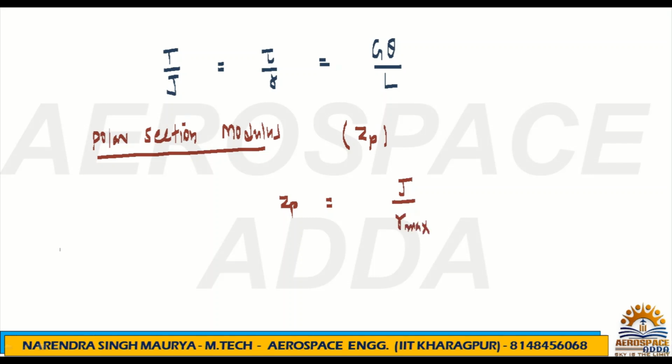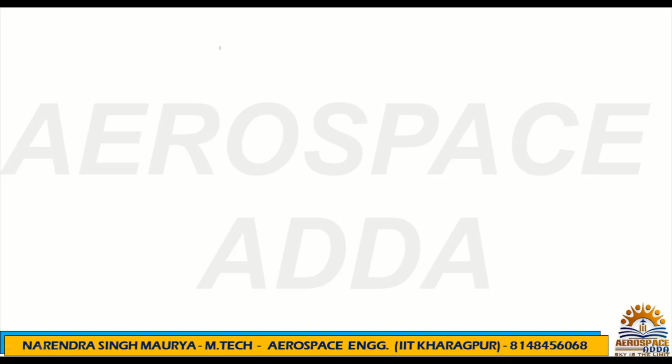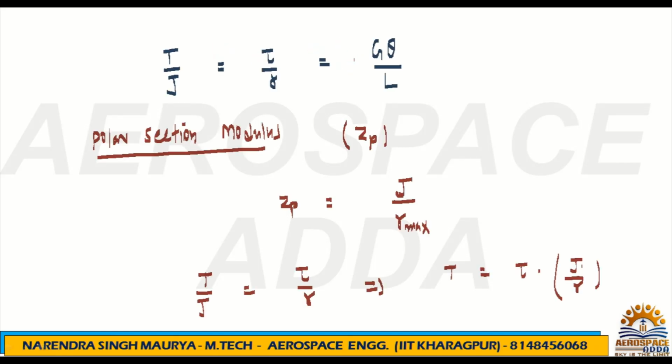It is nothing but the polar section modulus. Just like the section modulus in case of bending moment, it was I by y, similarly the polar section modulus will be Zp, J by R. And if you see the formula here, T by J is equal to tau by r, I can write T is equal to tau into J by R. So basically T, which is torque, tau is the shear stress, and in the bracket you got J by R.